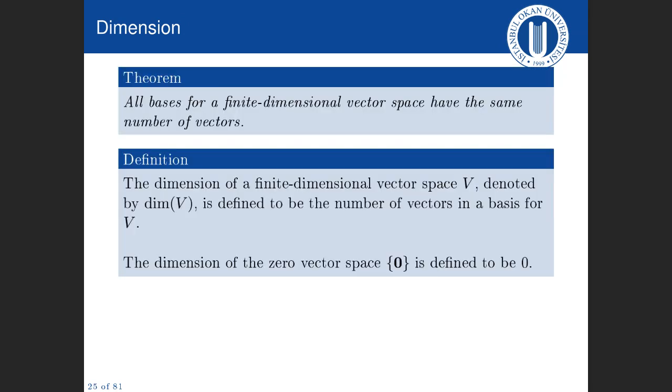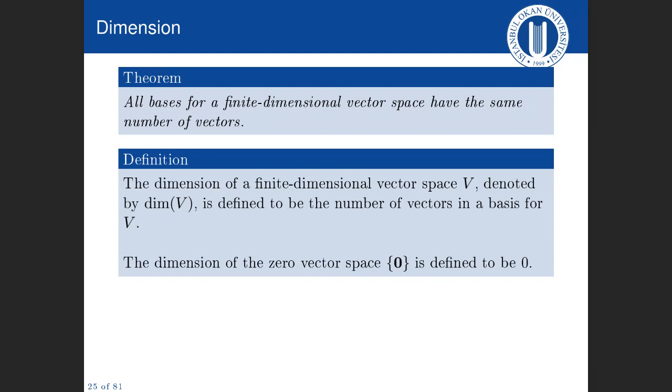And in fact, this is a rule. All bases for a finite dimensional vector space have the same number of vectors. Any basis for R3, for example, always has 3 vectors in it. And that number is important. We call that number the dimension of V, if V is a finite dimensional vector space.